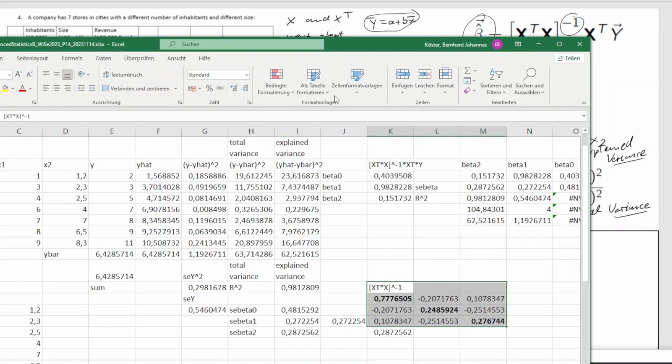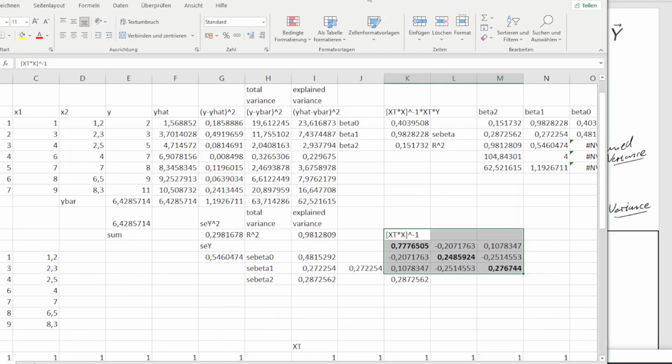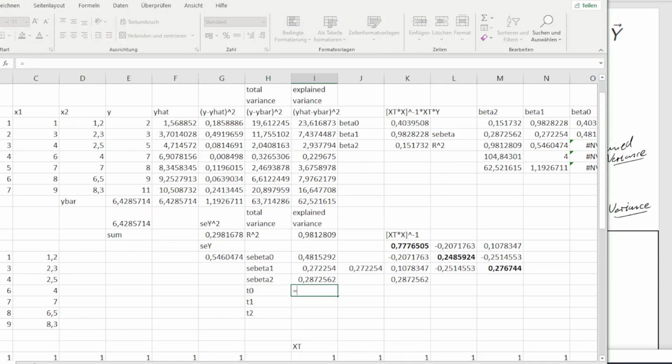So let's go in here, and there we have the betas, and then the T0, T1, and T2 is then just our parameters beta, and there are our betas, 0.4, divided by our standard error.